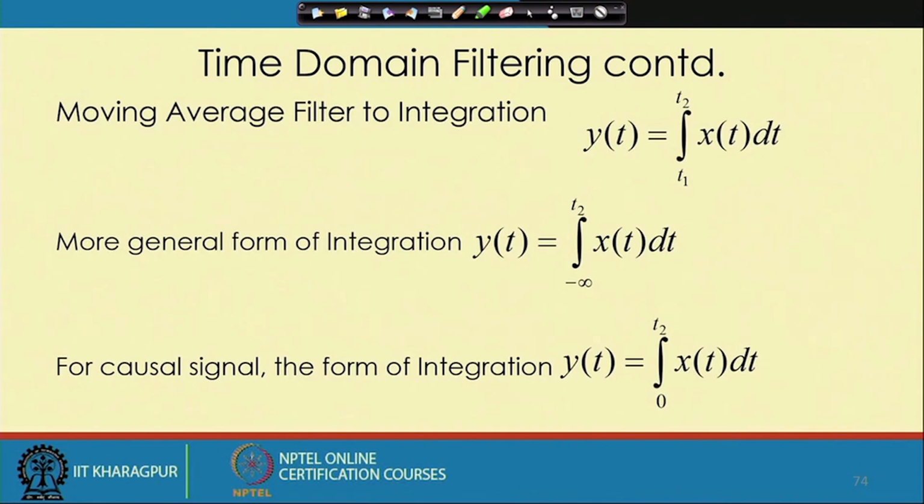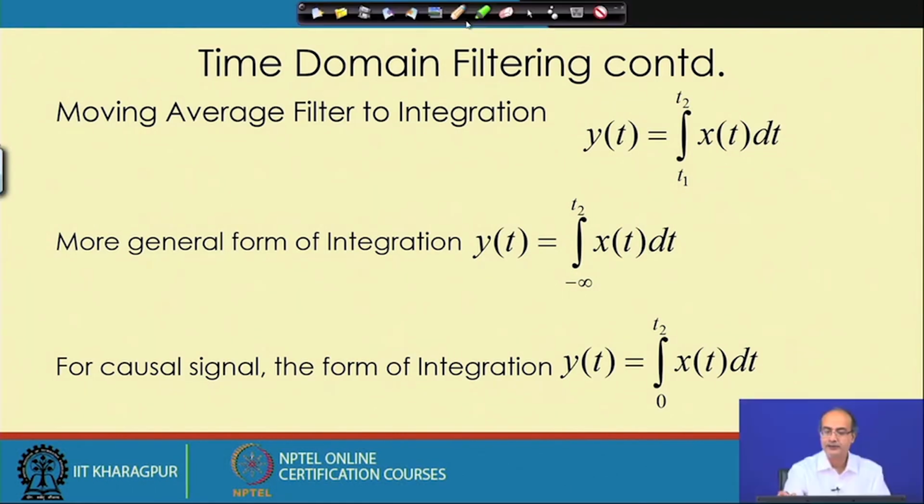Next, we look at the moving average filter and integration, and the relation between these two. For the integration on the right hand side, the input is x. We can integrate from t1 to t2 over some interval, and we get the output y(t). In a more general form, if the signal is starting from minus infinity, we integrate from minus infinity to the present instant, maybe t2, and that gives us the signal y(t).